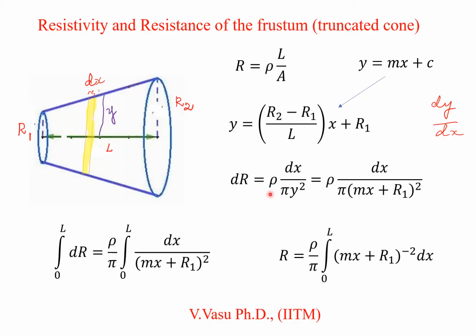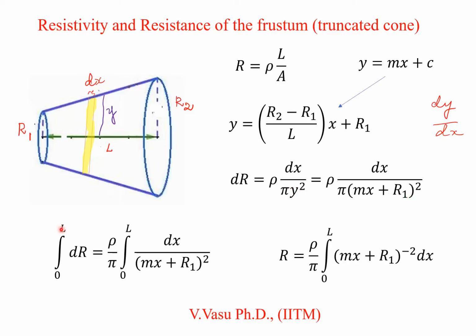That is pi r squared from that equation. But here y is equal to mx plus R1 because we have taken c as R1. So I am replacing y squared by (mx plus R1) whole squared.